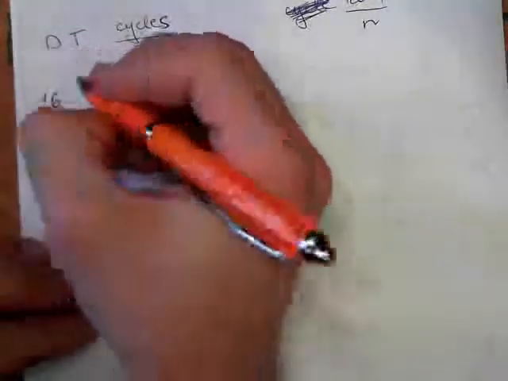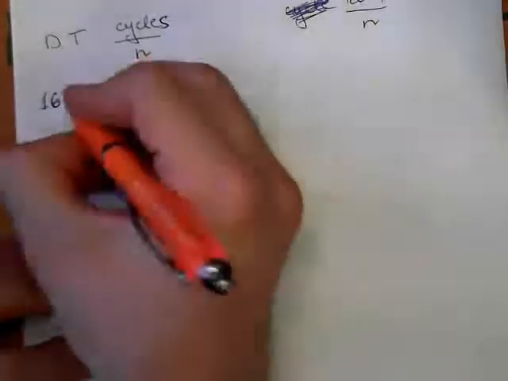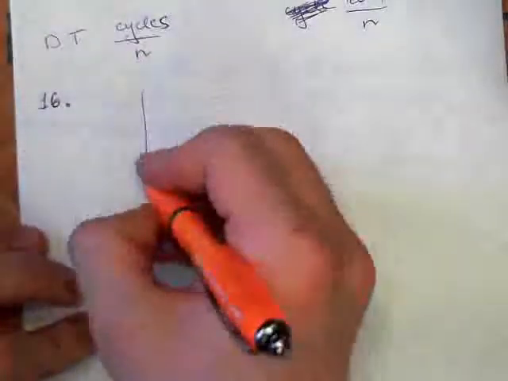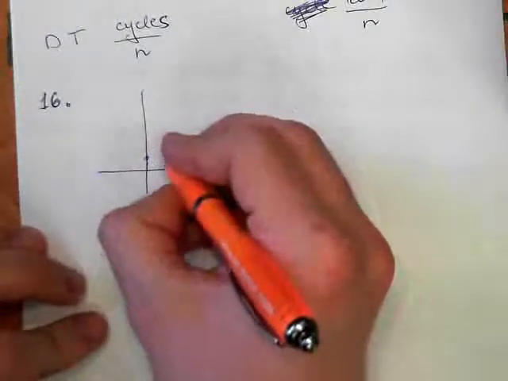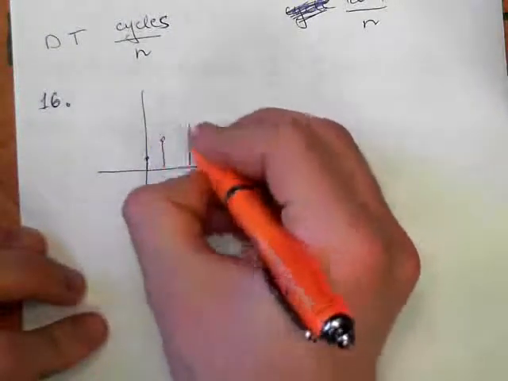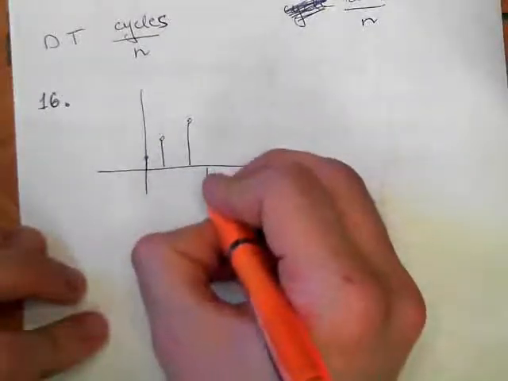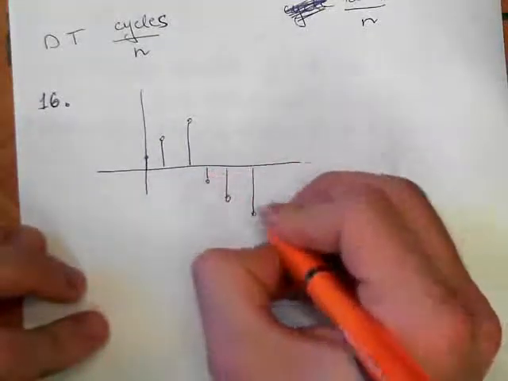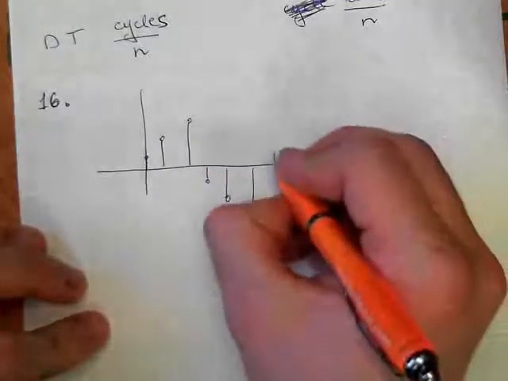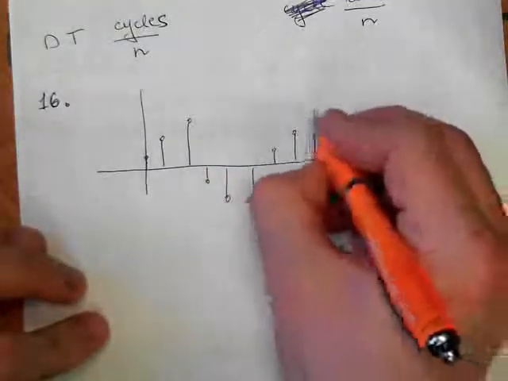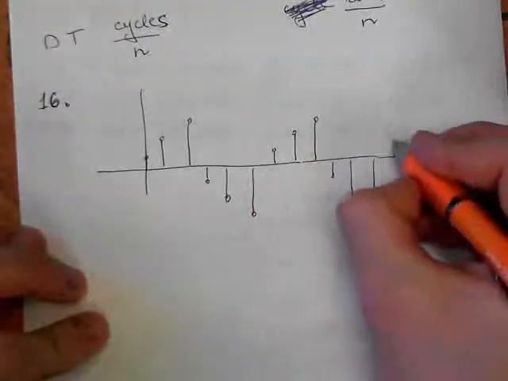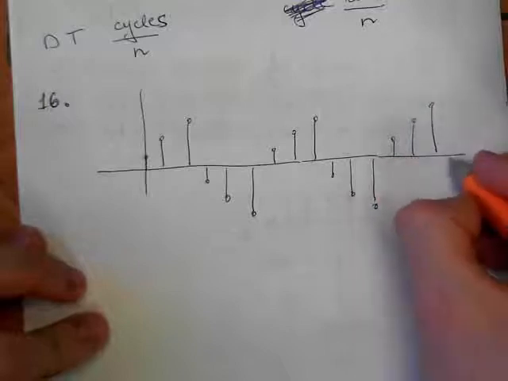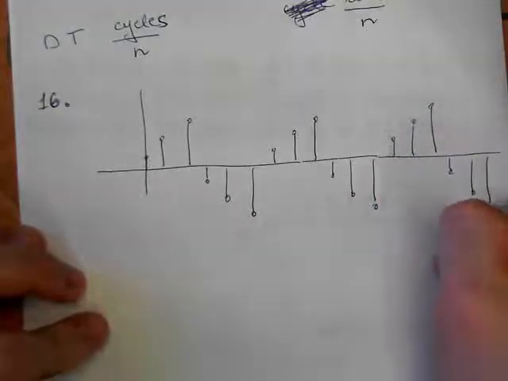Determine the period and the frequency of a signal that will be given, okay? So imagine that you are getting a signal like this. Then it goes like this, then it goes like this, it goes like this, then like this, and like this.